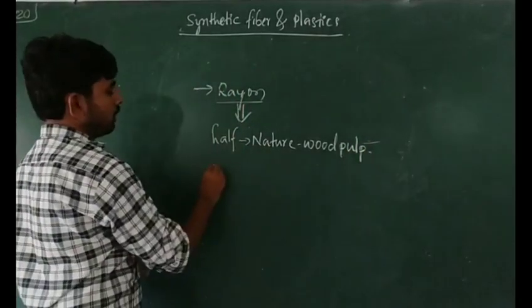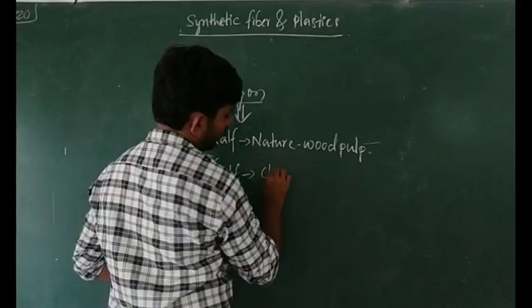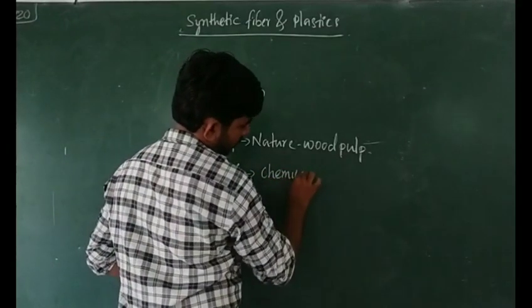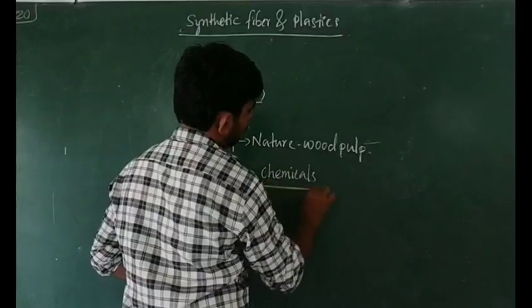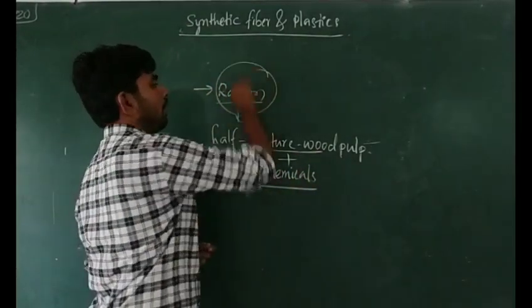And for the other half of the raw material, we generally use different types of chemicals. Both combine and form the rayon.